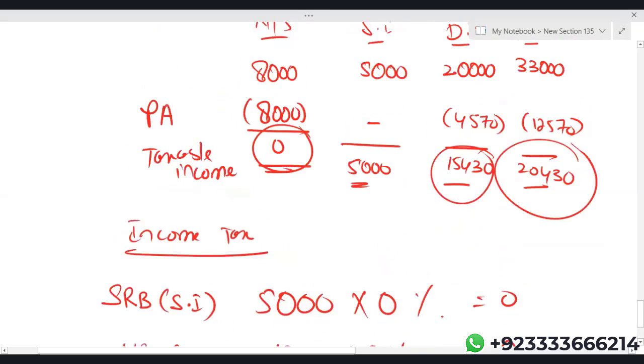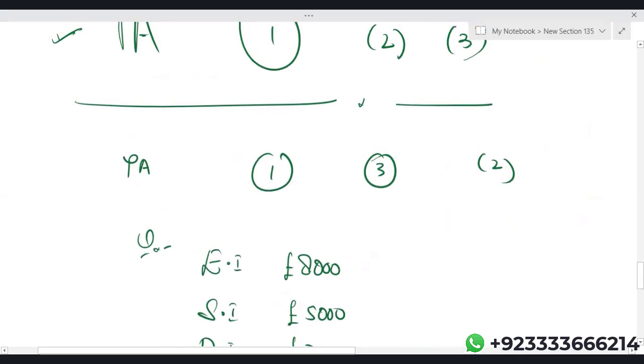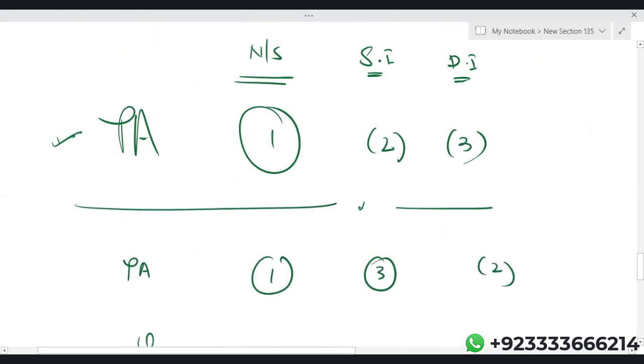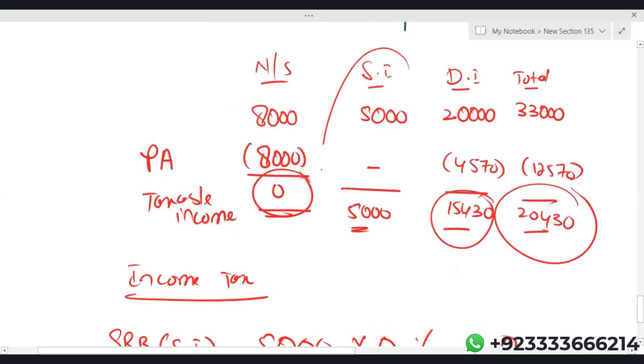When do we need to change the sequence of allocating the personal allowance? Simply, whenever, number one, the non-saving column is having, let's say, taxable income 0.